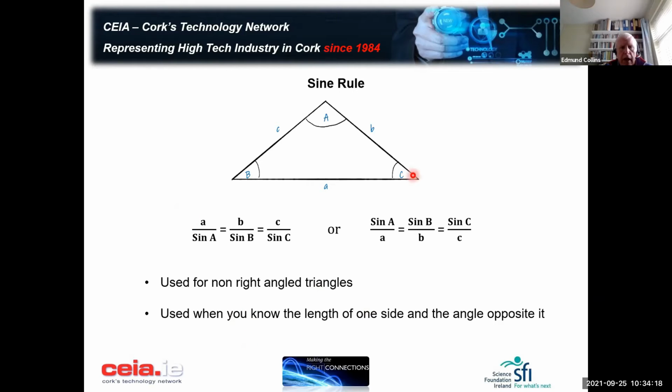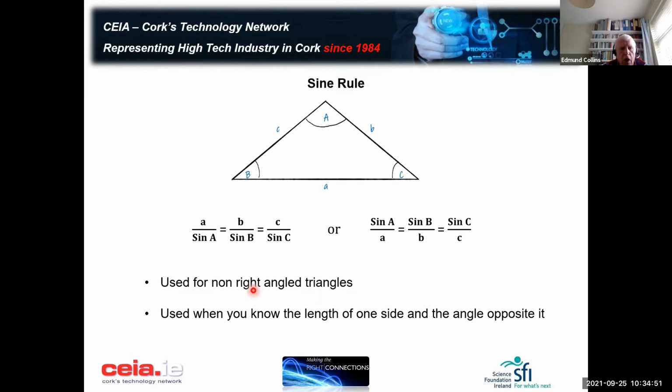It's a over sine A, which is the sine of the angle opposite this length a, equals b over sine B, equals c over sine C. Or it can be reversed and written this way as sine A over a equals sine B over b equals sine C over c.